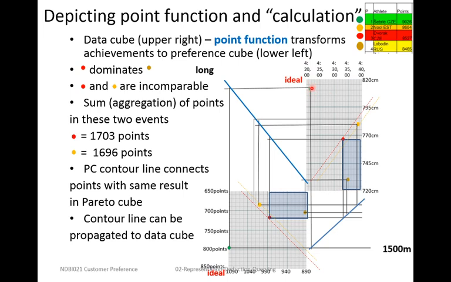So the ideal point is somewhere here. Here are these achievements, and what is shown here are athletes who have these achievements, measured by points, and the points functions are here.